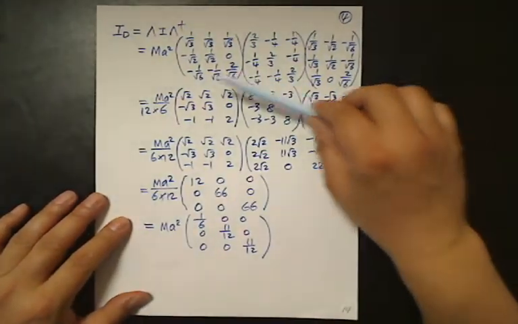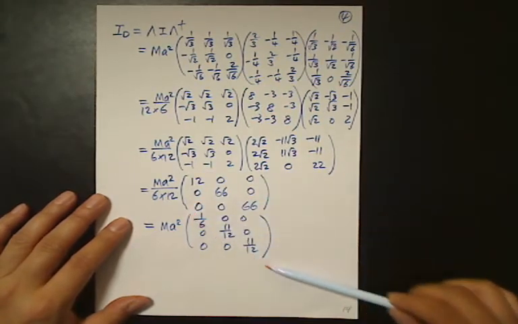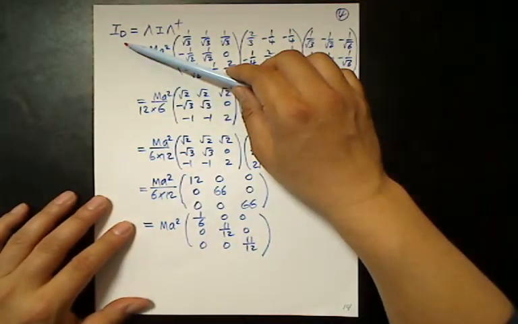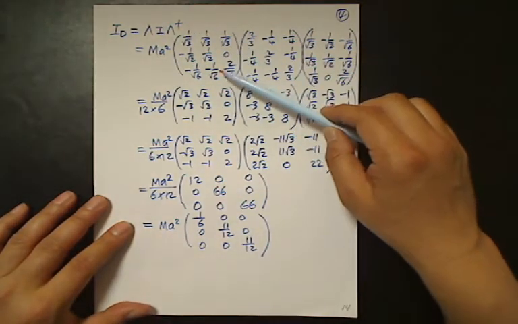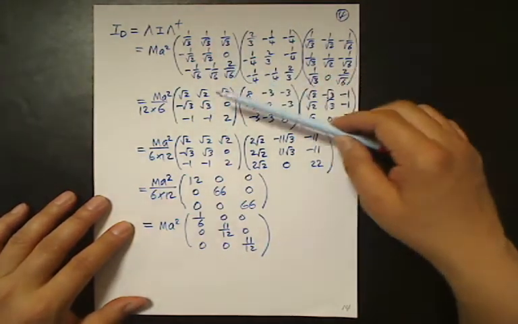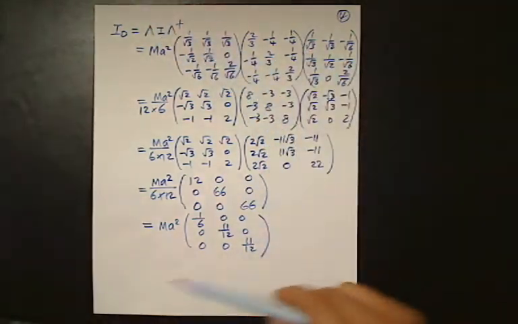And indeed, after all these calculations, what we find is the diagonalized matrix elements. This diagonal form can be achieved by finding these eigenvectors and listing the eigenvectors in the appropriate way. We can construct a rotation matrix.